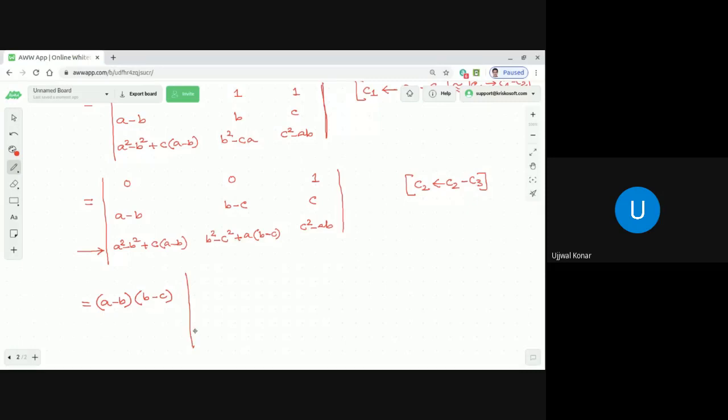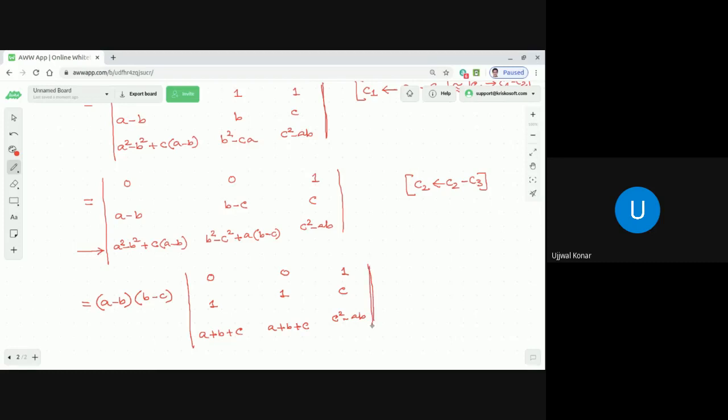Then if I write it out column wise, 0, 1, it is A plus B plus C. Correct, dear students? Then 0, 1, A plus B plus C, and 1, C square minus AB.